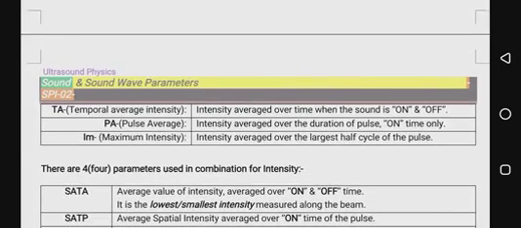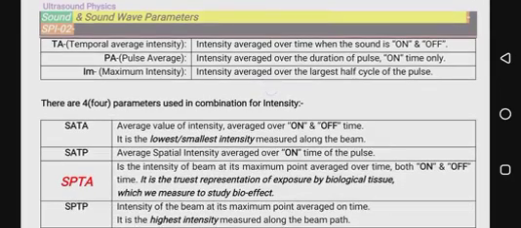Then temporal average intensity is the average over time when the sound is on and off. Pulse average is the intensity average over the duration of pulse on time only, while maximum intensity is intensity averaged over the largest half cycle of the pulse.